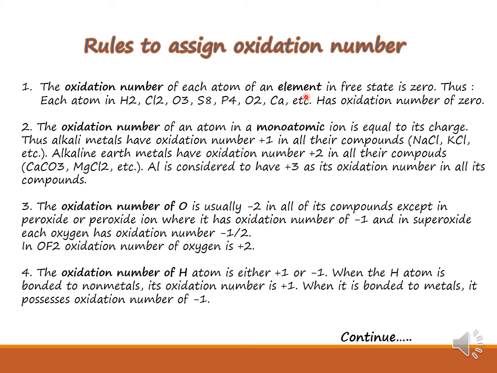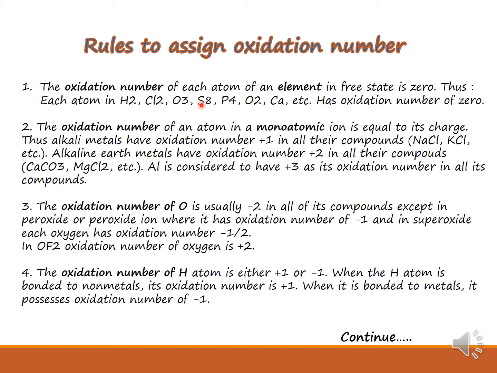That means if you are seeing any molecule in a diatomic or triatomic form in a reaction, you will say the oxidation number is 0 of that element. For example, oxidation number of hydrogen in H2 is 0, oxidation number of Cl in Cl2 is 0, oxidation number of oxygen in ozone is 0, oxidation number of sulfur in S8 is 0, and so on.